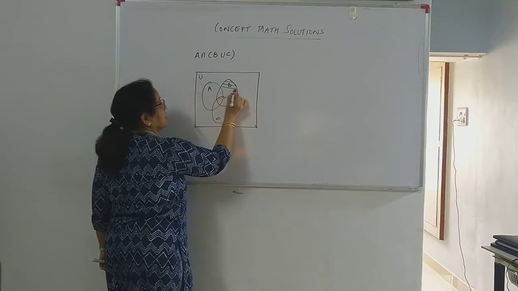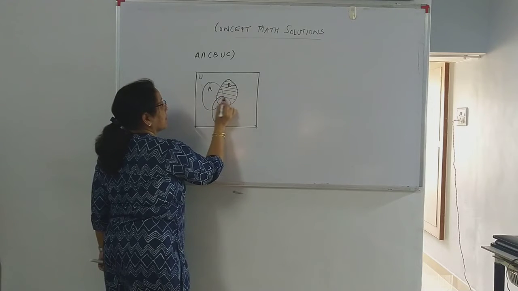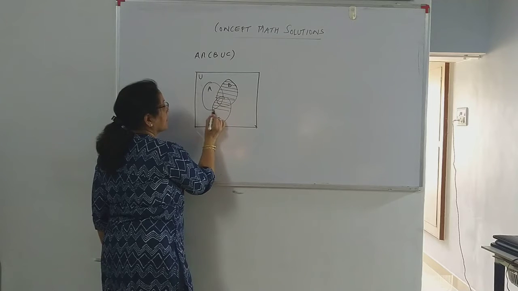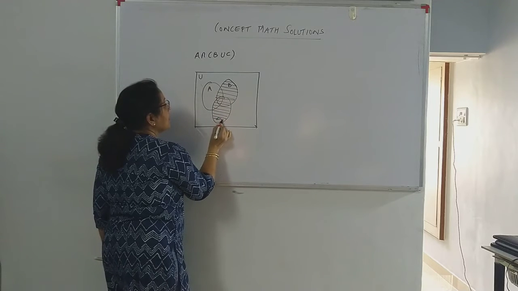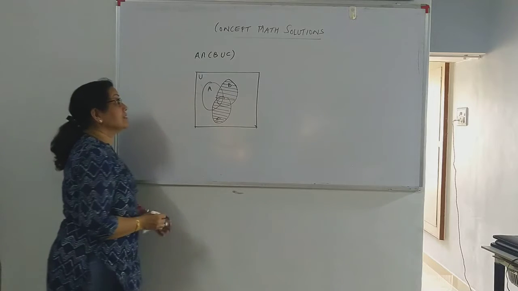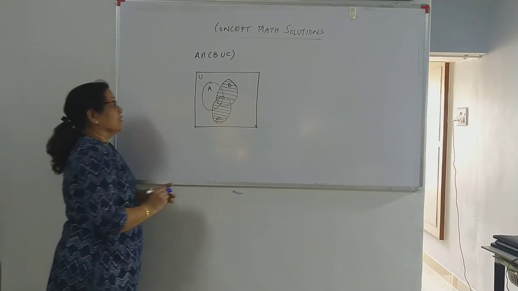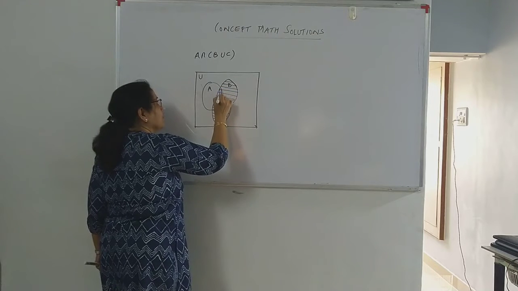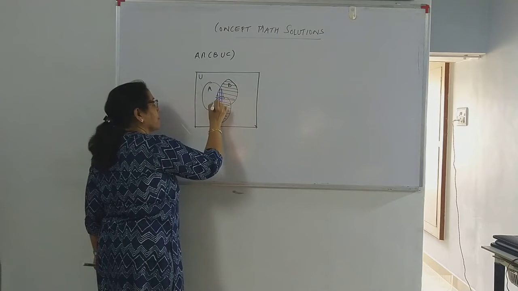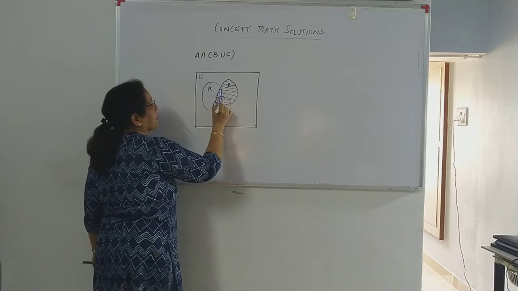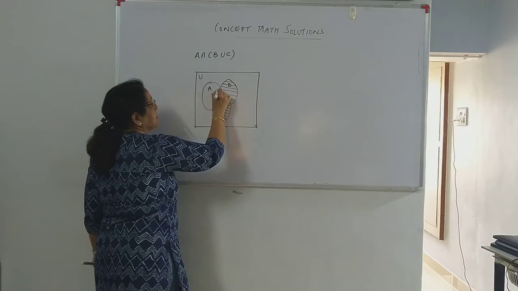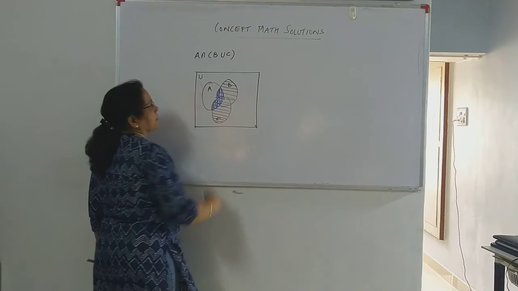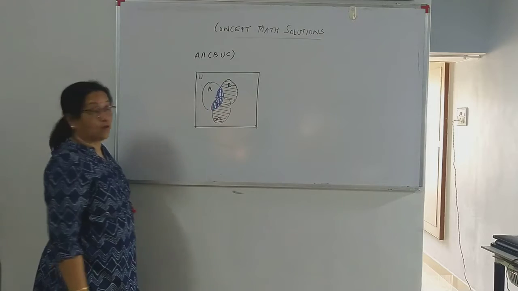So this is B union C. And now you want its intersection with A. So intersection with A would be this portion. It is this for which I am drawing the boundary. This is the final output.